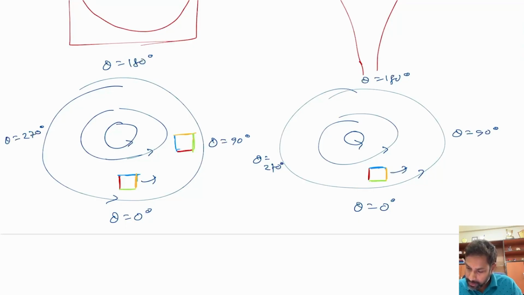Whereas in the right hand side case, it will still remain the same. It is moving.